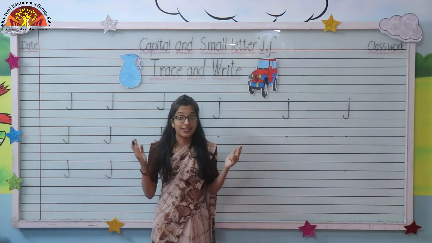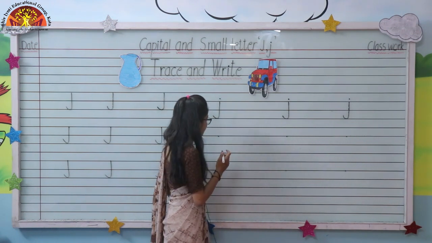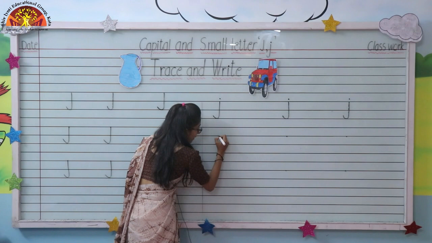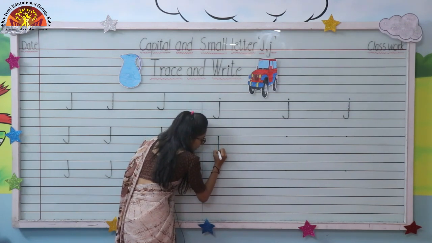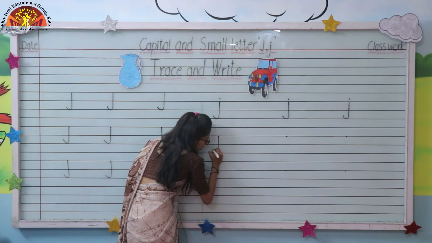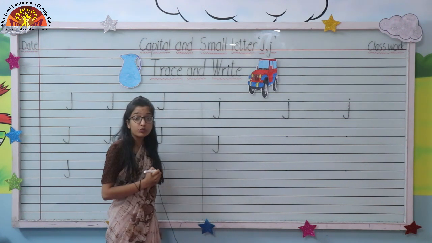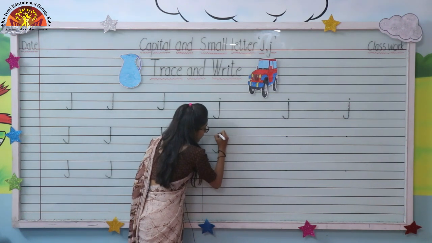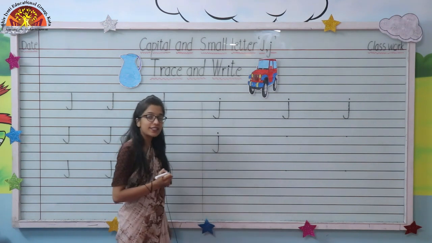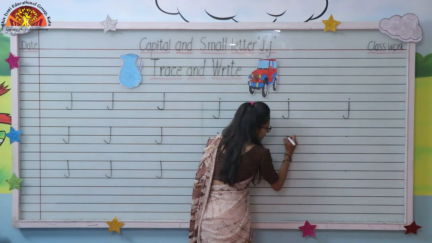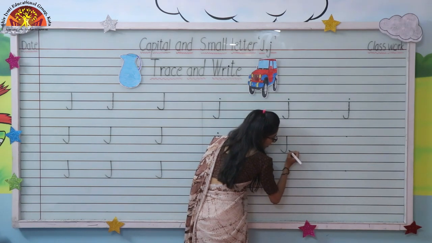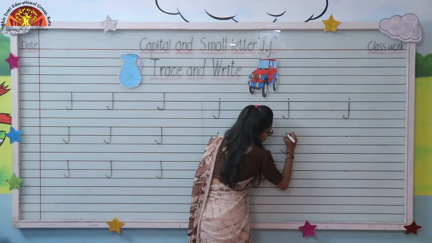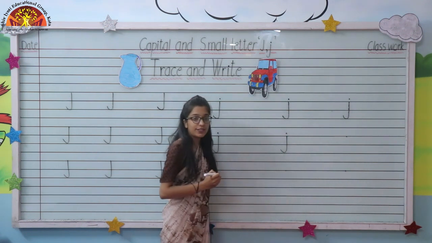Now kids, let's write on dot. Start from this line, make a standing line and turn. And you also have to put a dot on it like this. Again kids, standing line, turn, then put a dot on it.